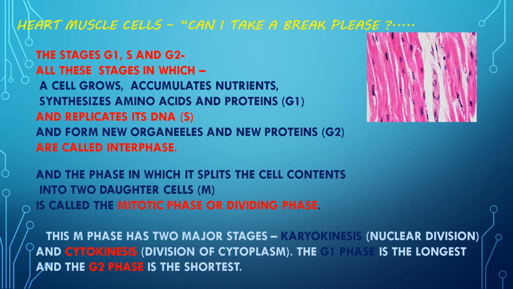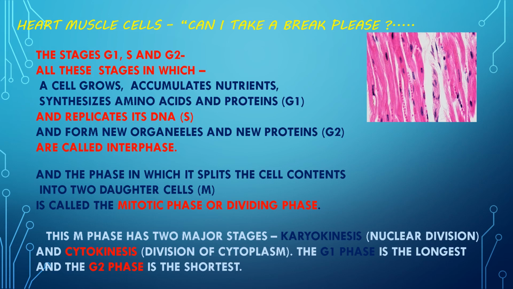Then in the S phase, now the cell has decided to divide. So it moves on to the S phase. It replicates its DNA. The whole replication of DNA happens in the S phase. After replication, it will form new organelles and new proteins just needed for cell division.